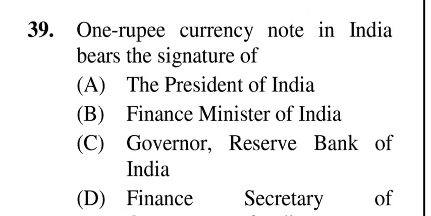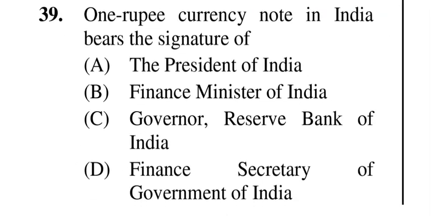Number 39. 1 rupee currency note in India bears the signature of what? The President of India, Finance Minister of India, Governor, Reserve Bank of India, Finance Secretary of Government of India. It's a very pragmatic question. So 39.